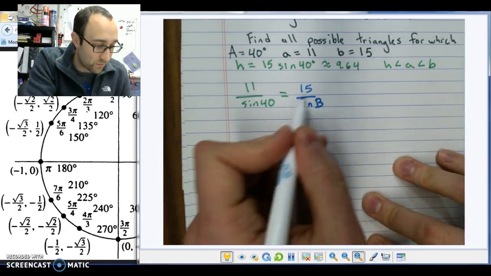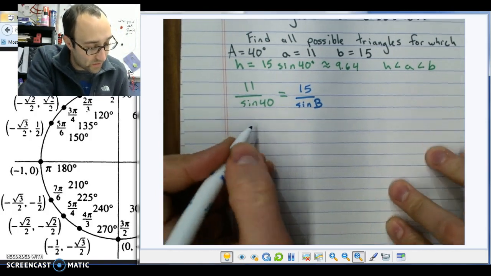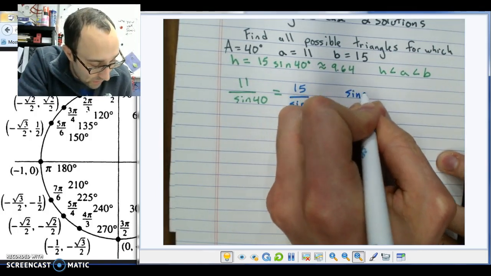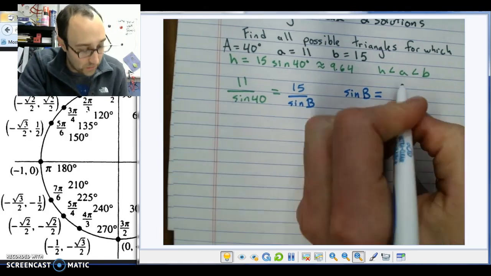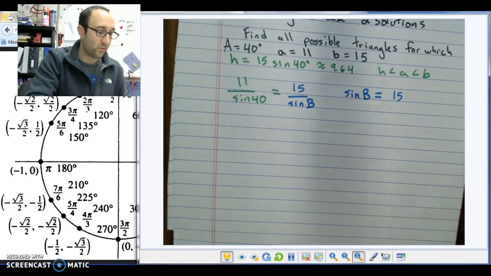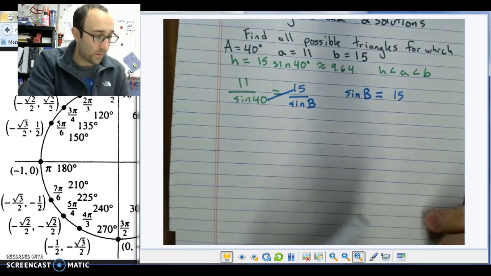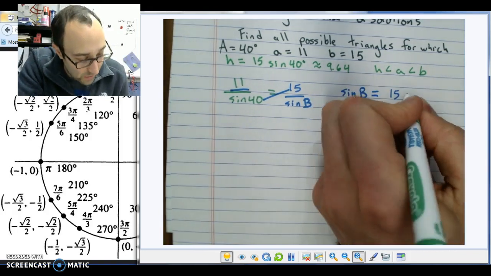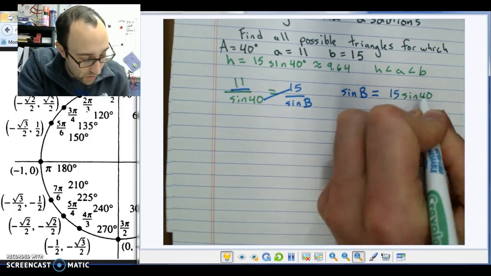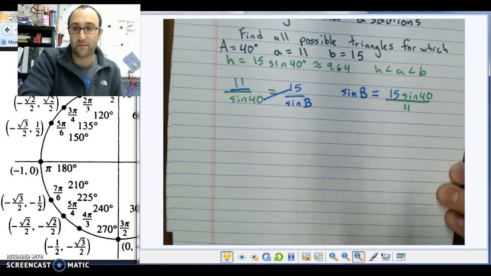I'm just going to cross multiply and get sine B all by itself. So sine B equals 15 sine 40, because I'm multiplying these two, and I'm going to divide by 11. So sine B equals 15 sine 40 all over 11.